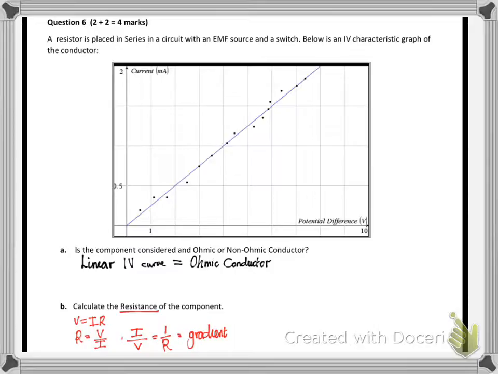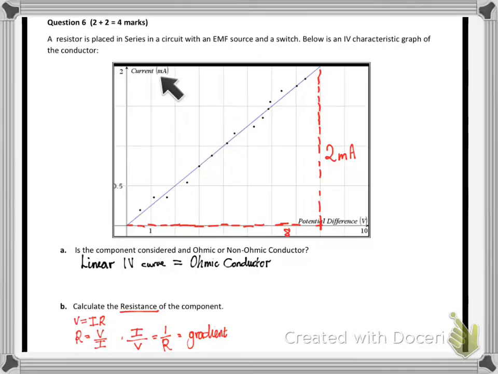So once we get our gradient, that is the same as the reciprocal of the resistance, 1 divided by the resistance. So let's work out the gradient. So we've got a run across the graph of 8 volts of potential difference, and a rise going up to 2. Looking on the scale of the graph, that's 2 milliamps.